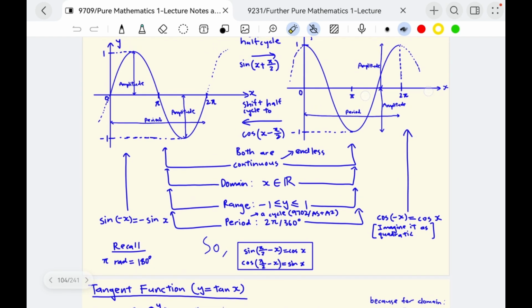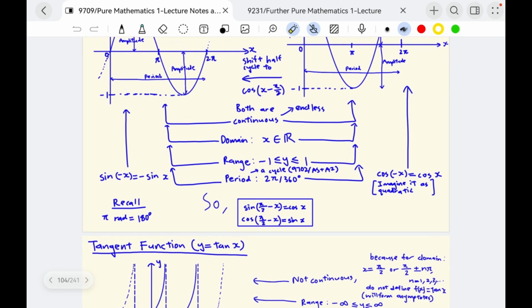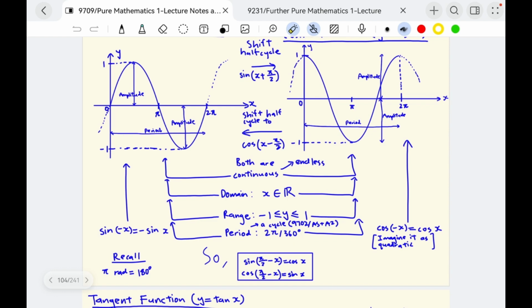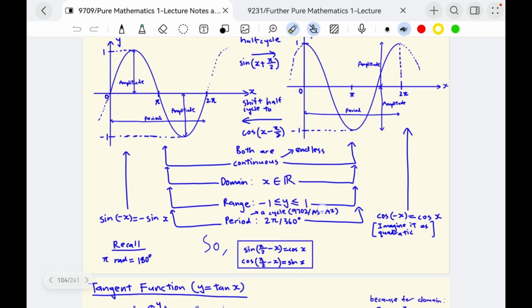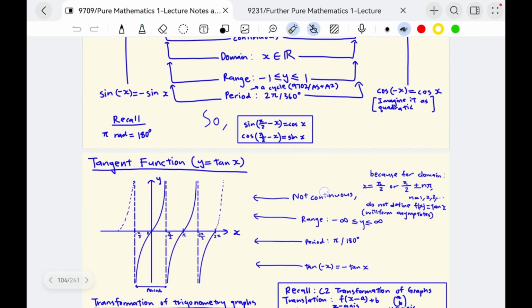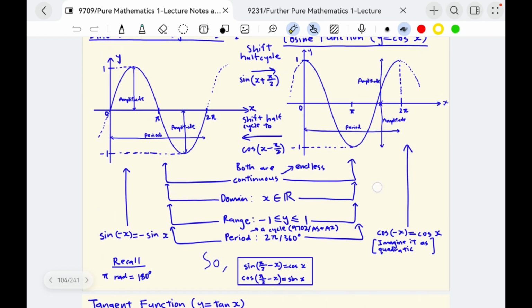Okay, both have continuous, endless domain, as x is real numbers, and the range is from -1 to 1 because of their base definitions. As well as the period, you need to familiarize yourself with the periods. Okay, period is closely related to the range. So this is the summarized form. You can refer and see.